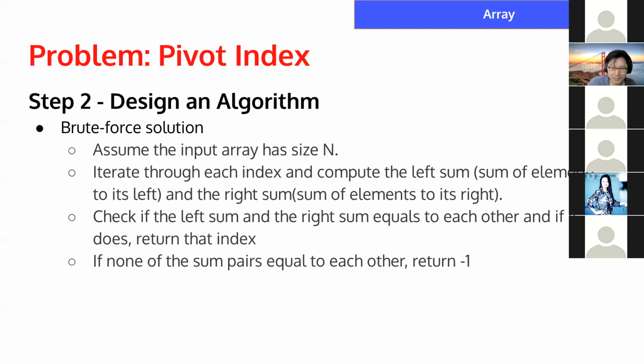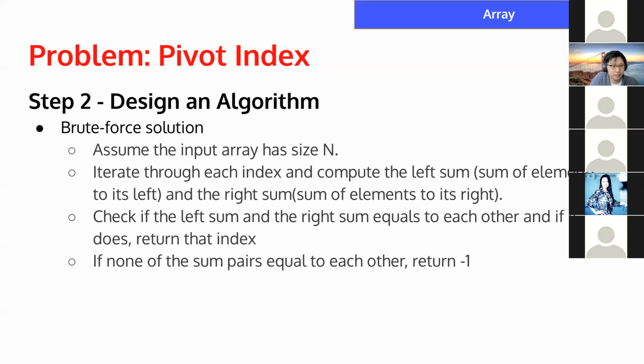Remember, time complexity is just a fancy word for runtime. Would it be O of n? Because it's linear, you're just looping through it. Okay. Yeah, so O of n, because you're looping through it. I think it's O of n squared, because there's another loop inside, because you have to loop on both sides.